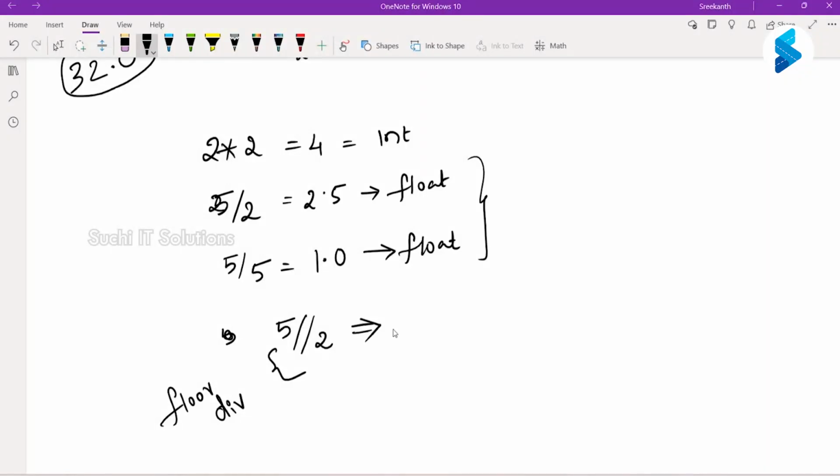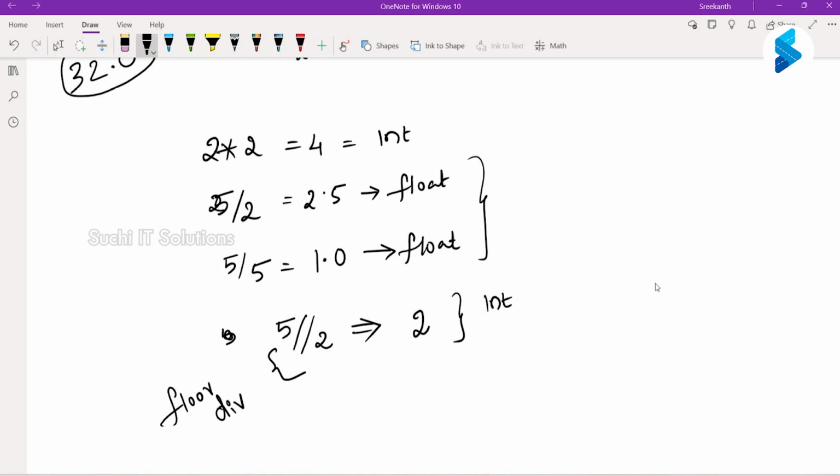So what would result in 5 double slash 2? It would be 2. If I use a double slash, that would result in an integer. If I use a regular division, that would always result in a float. But if I use a double slash, which is the floor division, that will always result in the integer.